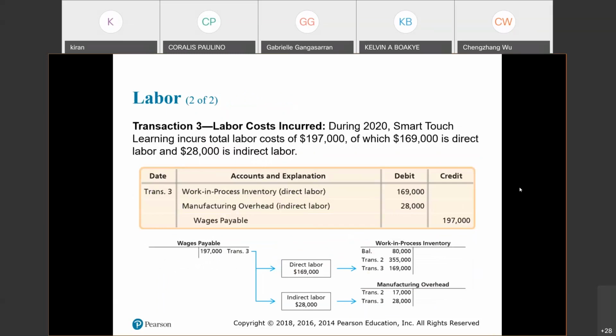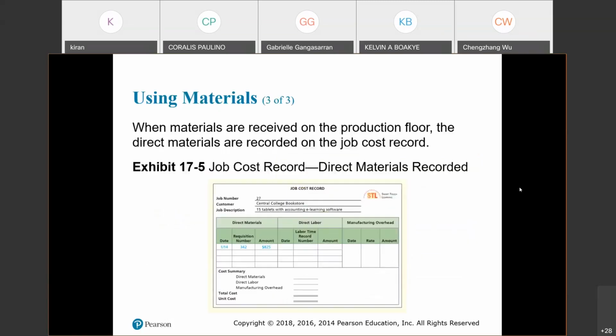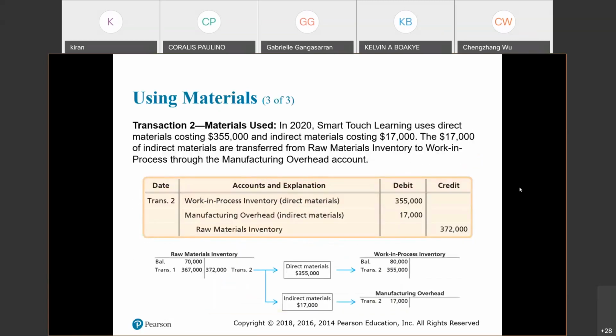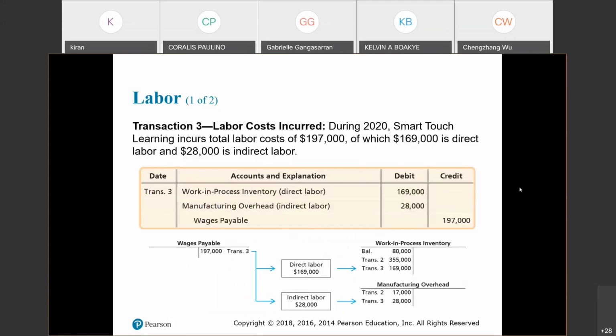For direct labor, we debit it to WIP inventory. And for indirect labor, we debit this part to manufacturing overhead. Well, the only difference is the credit account. For materials, we credit the raw materials inventory account. But for labor, as you learned in financial accounting class, we need to credit wages payable.